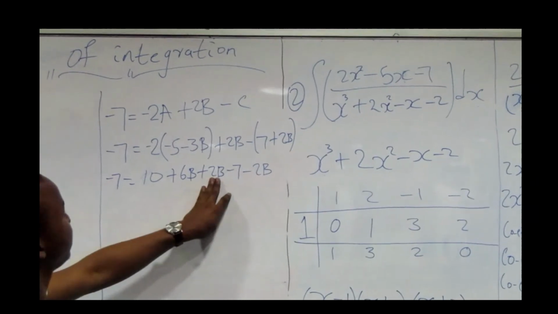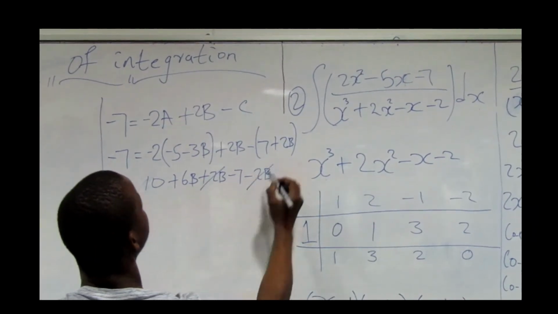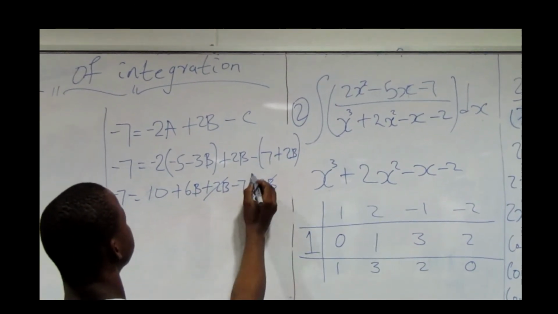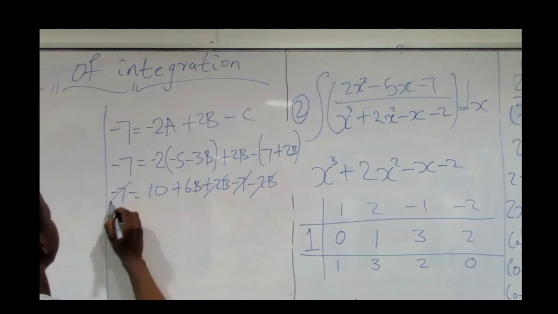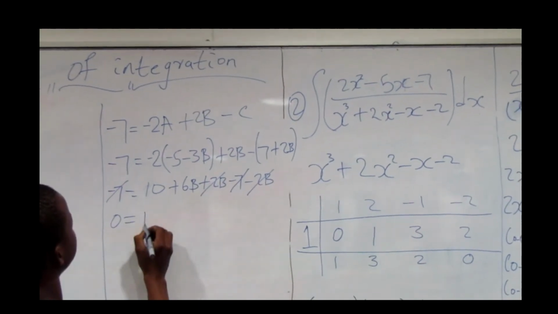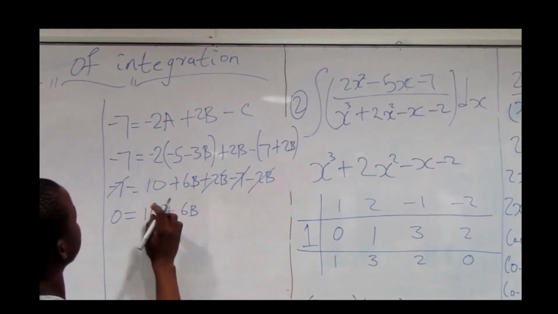Then plus 2b, minus 2b cancel each other, then these go to the other side, this 7 is going to cancel this 7, and we're left with 0 equals 10 plus 6b.